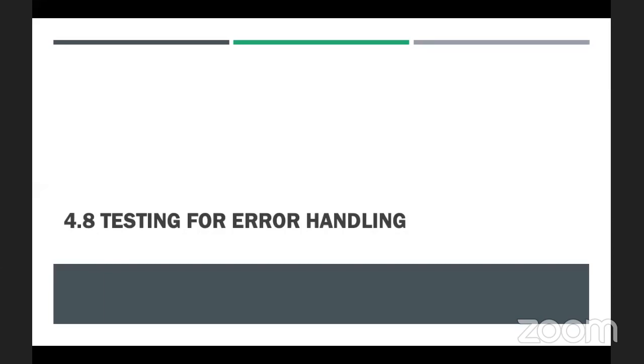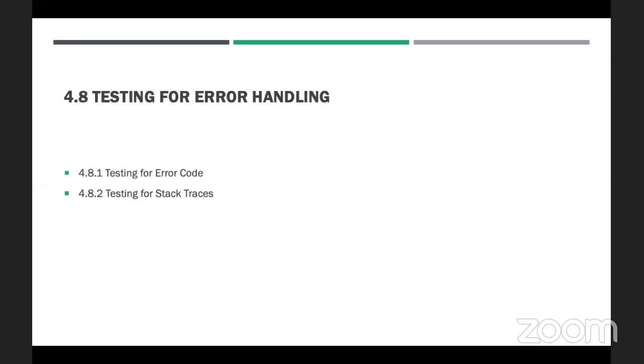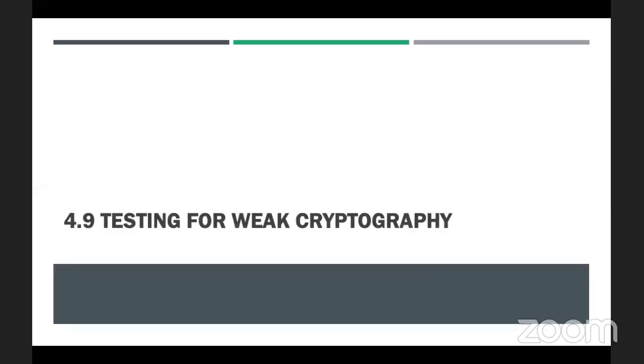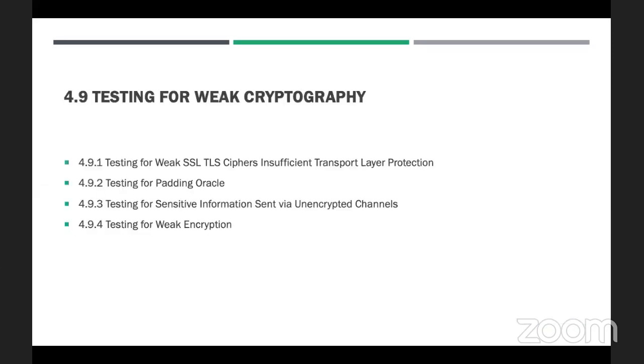Then, once the errors are being tested properly, how about testing for weak cryptography? Now, how can we do that? We can check for weak SSL certificates, which might be available. Most applications have started supporting TLS version 1.3, but there are certain applications which still use the older versions.